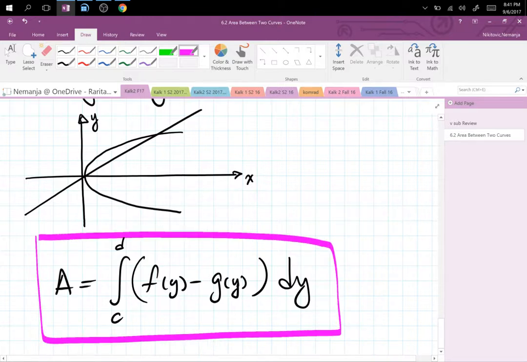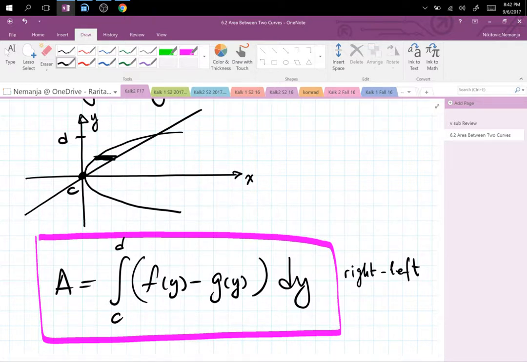which turns the formula 90 degrees, and now you have right minus left, because your representative dy rectangle is now horizontal. So you see that your c and your d are values on the y-axis.